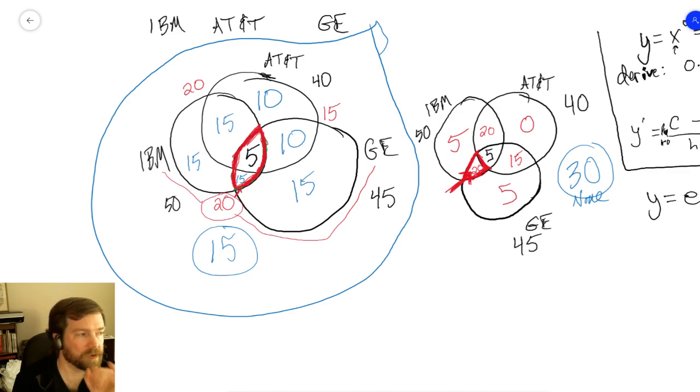So people who own stock in both IBM and GE, whether or not they own stock in AT&T as well. Yeah.